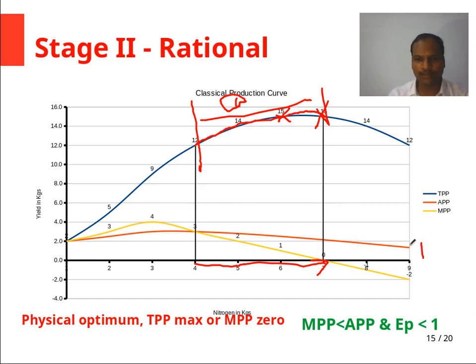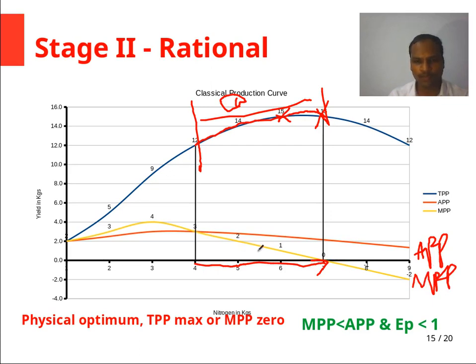Then APP is reducing. That means it decreases but never attains 0. MPP decreases and reaches 0 in the second stage.